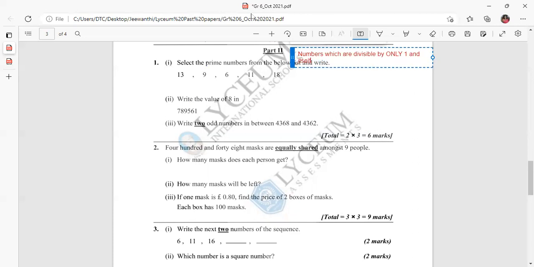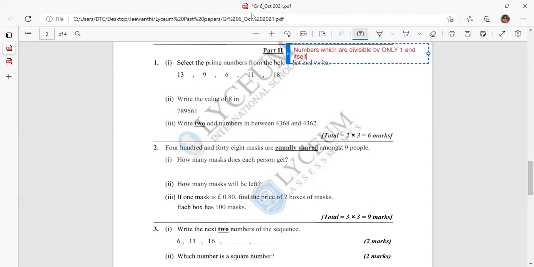Only by one and itself. Any number which is divisible only by one and itself. Now, what are the numbers we do have? Can you remember? So then 2, 3, 5, 7, 11, 13, 17, and so on, right?